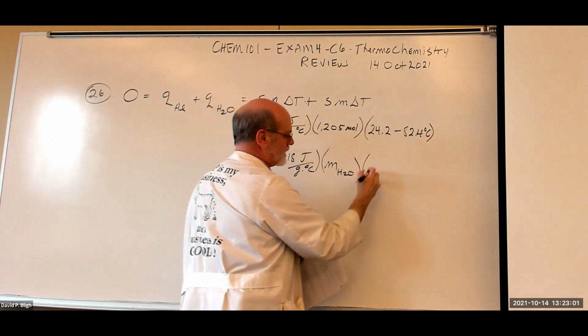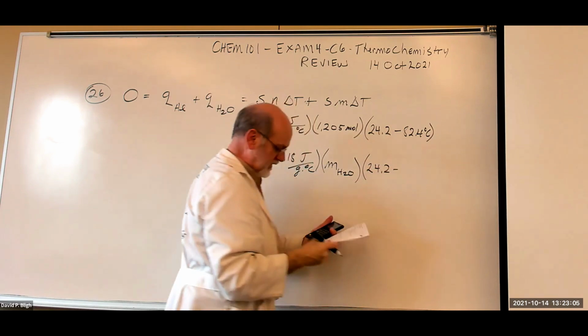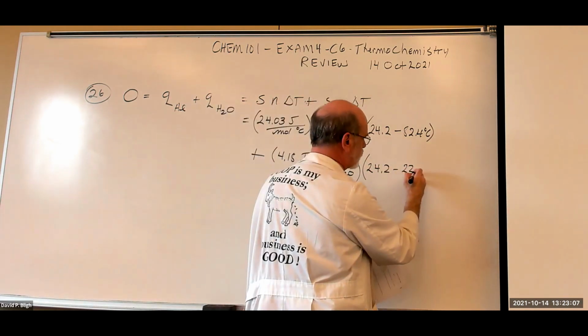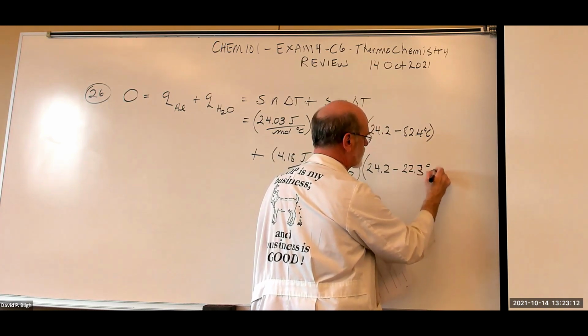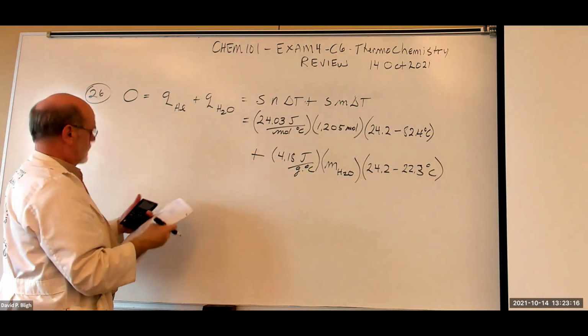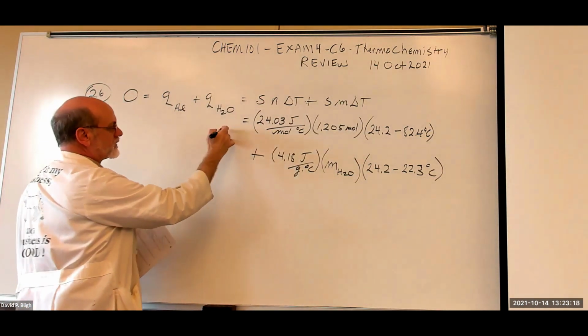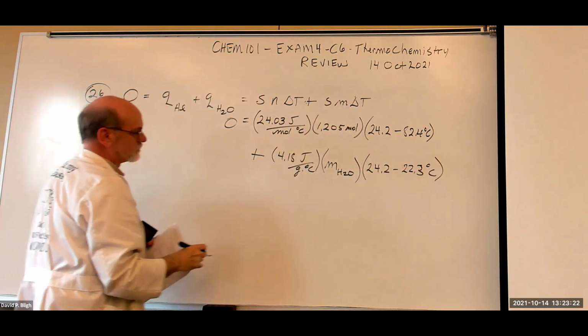Okay. And its final temperature is the same, but it started at a different temperature, 22.3 degrees. There we go. So now we've got that problem set up, and this is all equal to 0. That plus that is equal to 0.